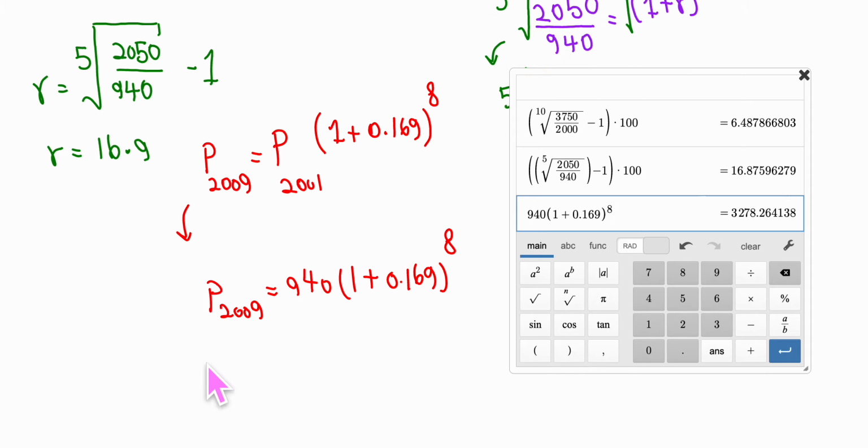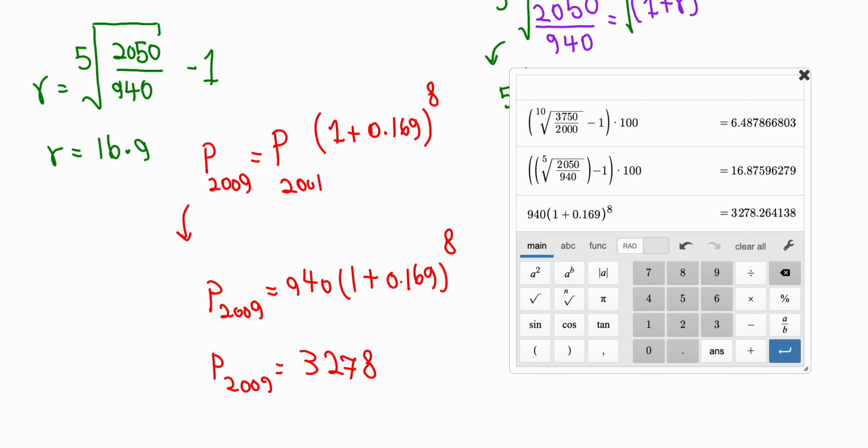The population in 2009 has reached 3,278. They asked us to round to the nearest whole number. The very first digit that I have after the decimal is 2, therefore I would round down. If it was 5 or more than 5, I would round up.